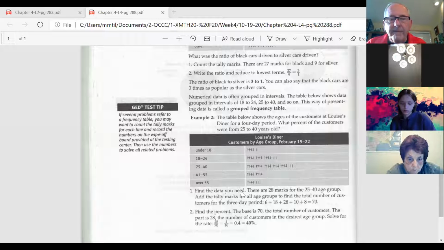And if you wanted to find the percent that was in each category, you'd have to add up all the data points, right? So you'd add everything up, and when you do that, you get 70. So then you can ask this question: what percent of the customers were 41 to 55? What would you do if you were asked that?